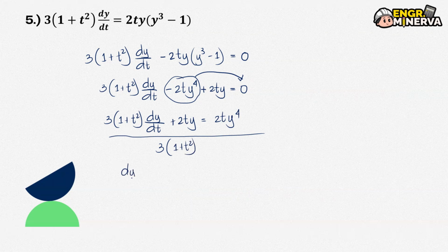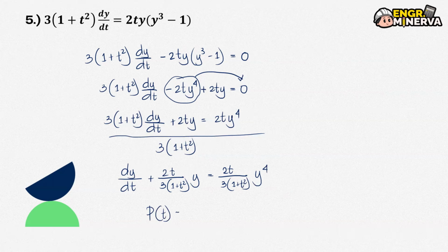So the resulting equation is dy/dt plus 2t over 3 times 1 plus t squared y equals 2t over 3 times 1 plus t squared y raised to 4. Next, let's determine our p of t, that would be 2t over 3 times 1 plus t squared. Our q of t is the same function, and your n is equal to 4.